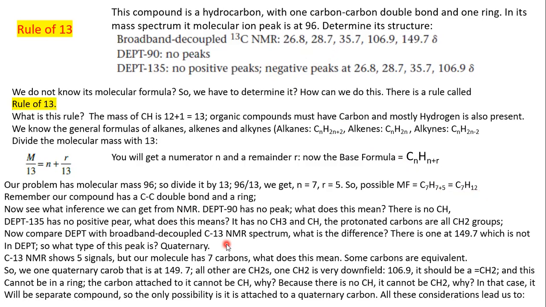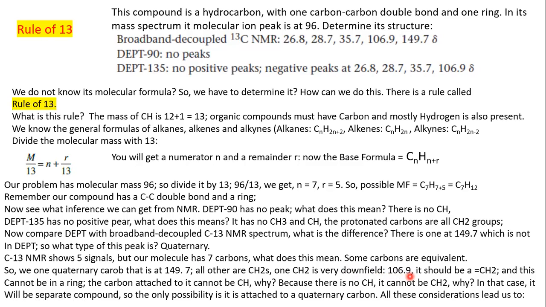It means some carbons are equivalent. We have one quaternary carbon at 149.7 ppm. All other carbons are CH2s. One CH2 is very downfield, that is 106.9.